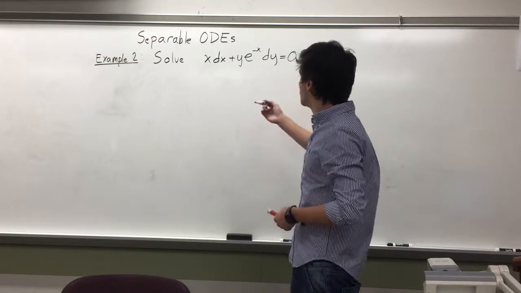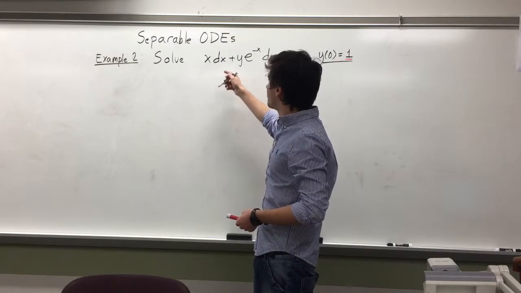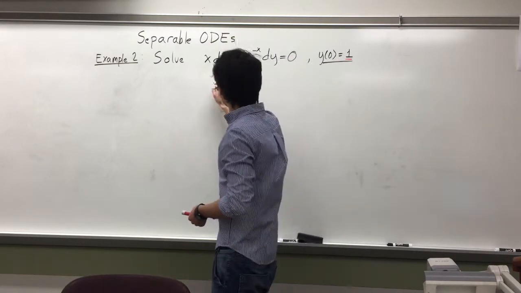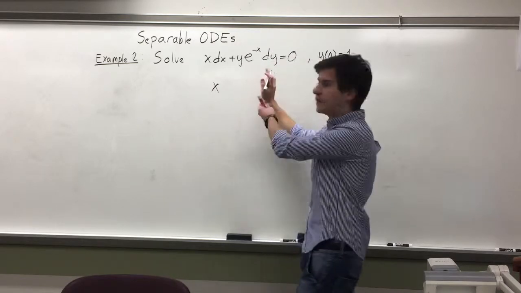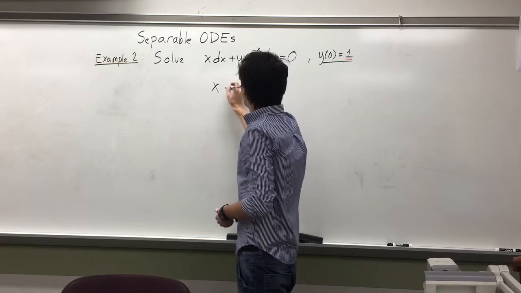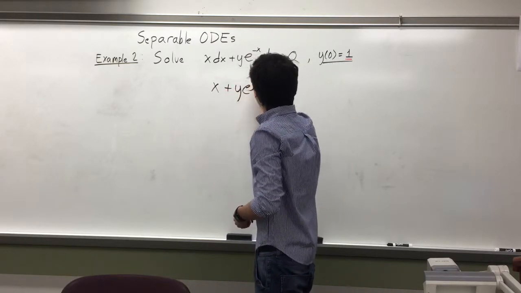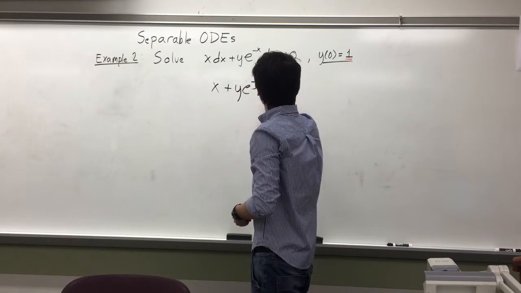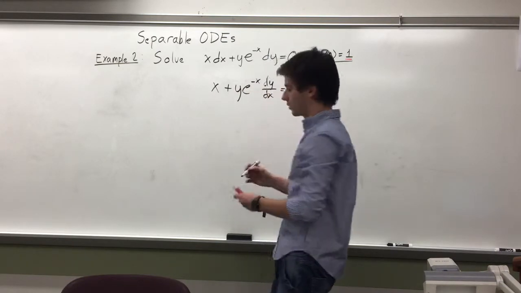And if we look at this ODE and we multiply by 1 over dx, just so we can get the form of the differential here, we have x plus y e to the opposite of x dy dx is equal to 0.